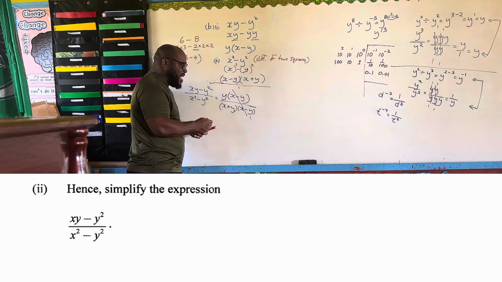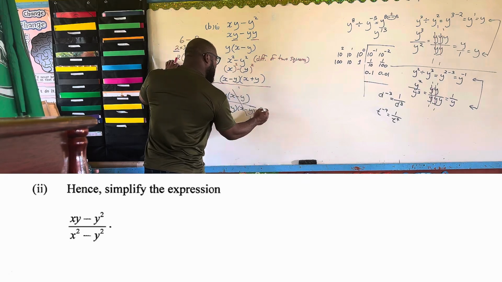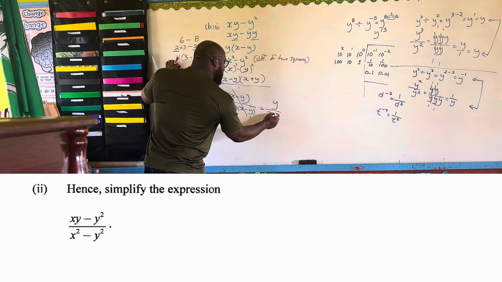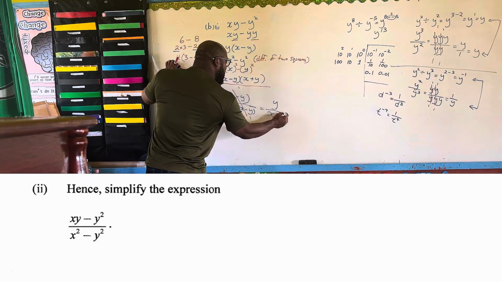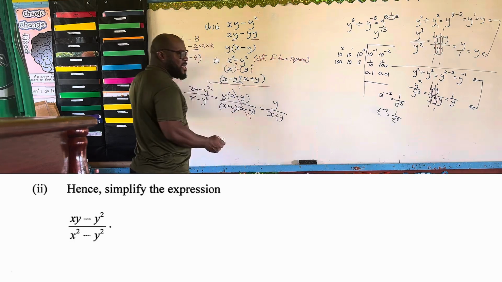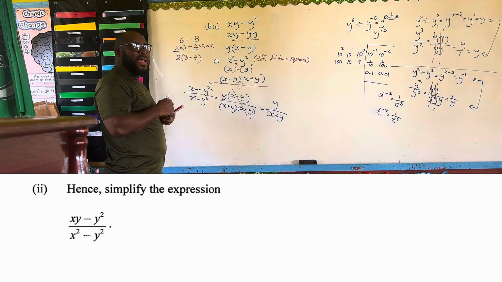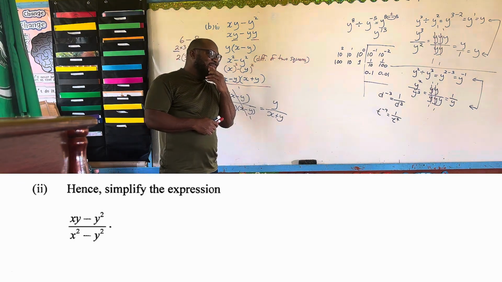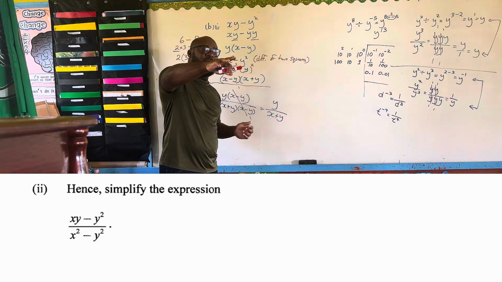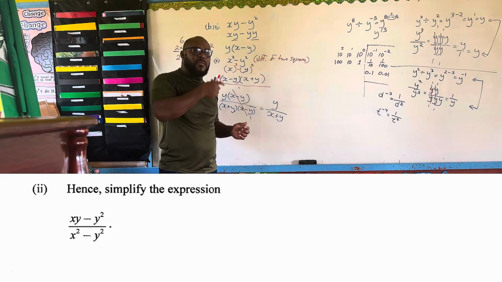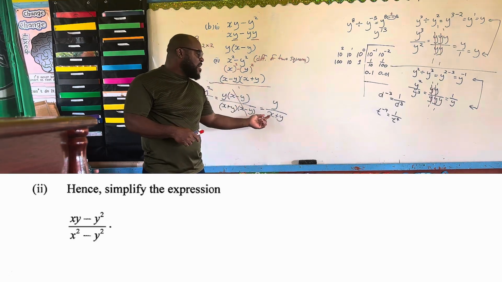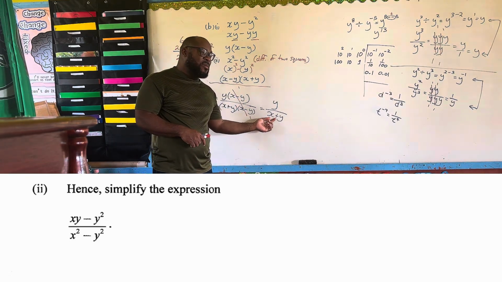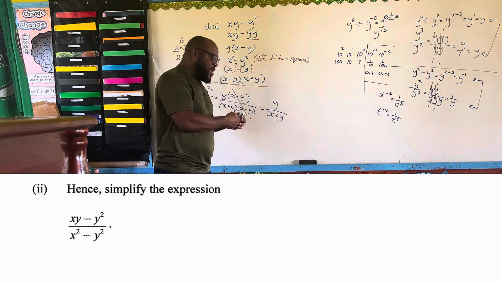That leaves us with what? Good. And guys, nobody cancel that y and that y. Why can't that y and that y cancel? Different expressions, very good. Also because it's a plus. They can only cancel when you have what?